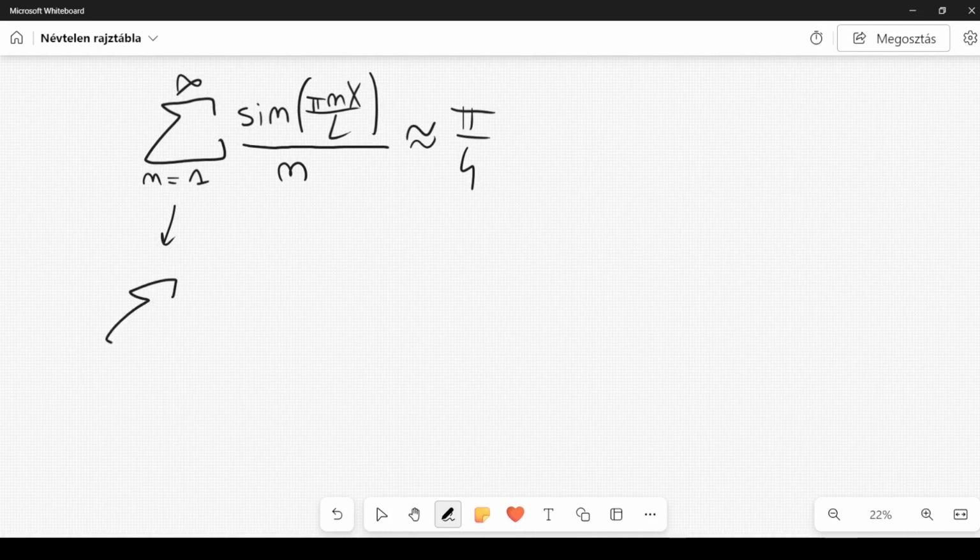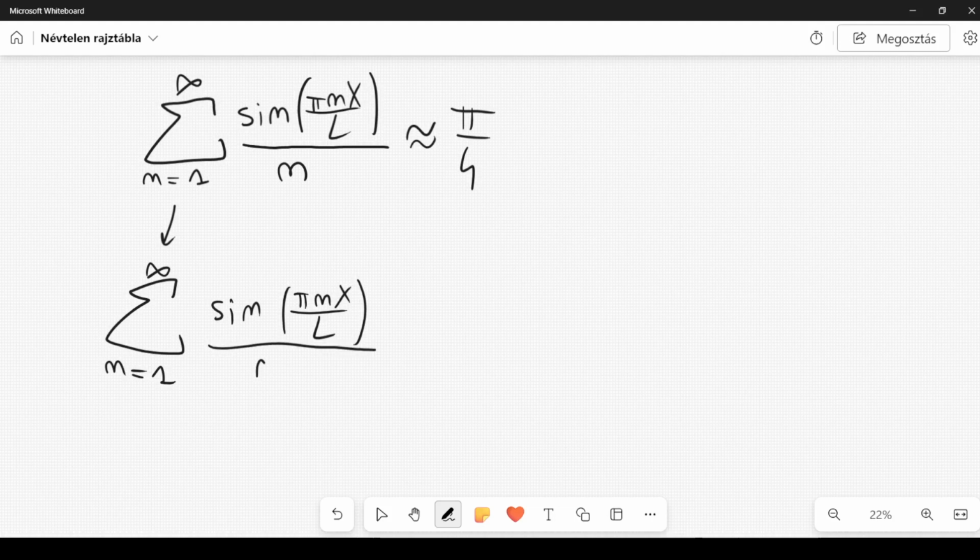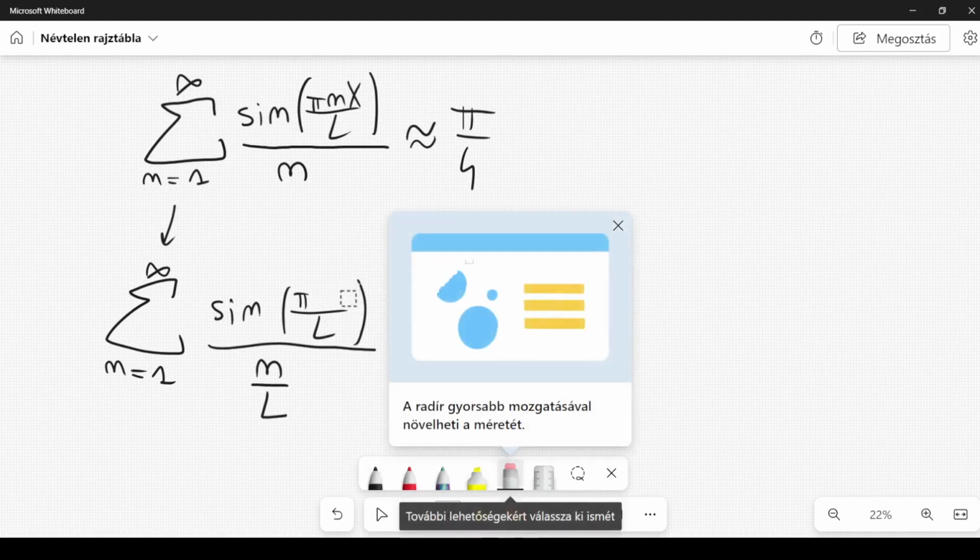We can write it as summation over n from 1 to infinity sine of pi n x over L. Now we divide n by L, and then we are forced to multiply this by 1 over L. Now, at this point, we can define this pi x in particular.